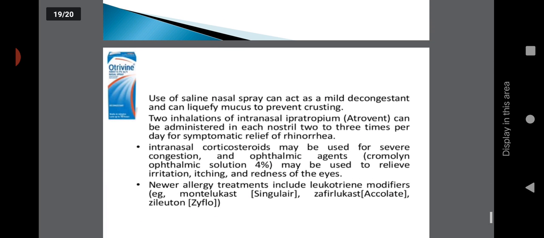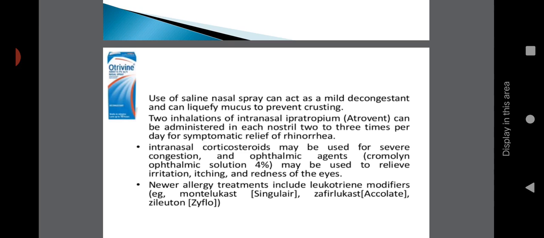Then you can see the use of saline nasal spray, which can act as a mild decongestant and can liquefy mucus to prevent crusting. Saline nasal sprays are available in the pharmacy. It helps to relieve congestion and also liquefies mucus to prevent crusting. Two inhalations of intranasal ipratropium is an example of an intranasal spray, with the name Atrovent.